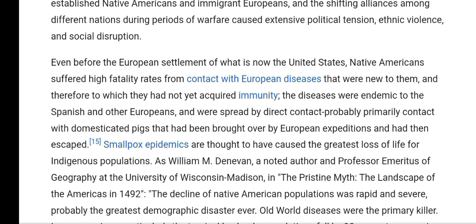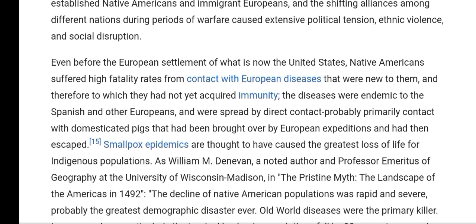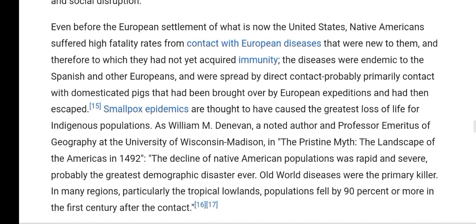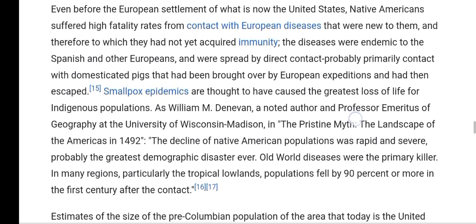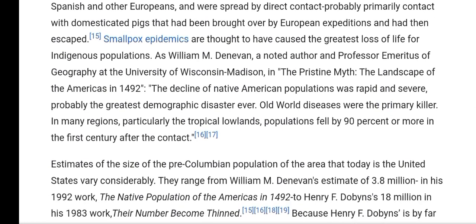As William M. Denevan, author and professor emeritus of geography at the University of Wisconsin-Madison, noted in The Pristine Myth: The Landscape of the Americas in 1492, the decline of Native American people was rapid and severe, probably the greatest demographic disaster ever.